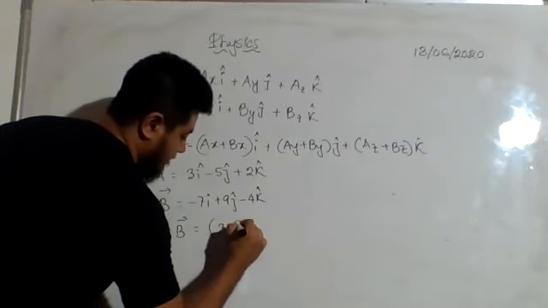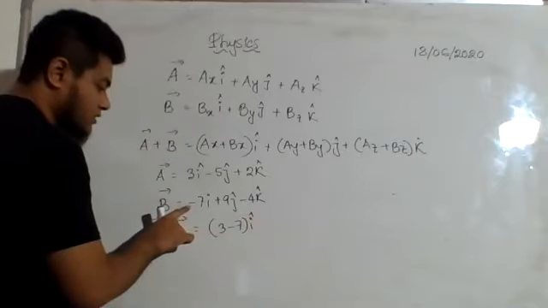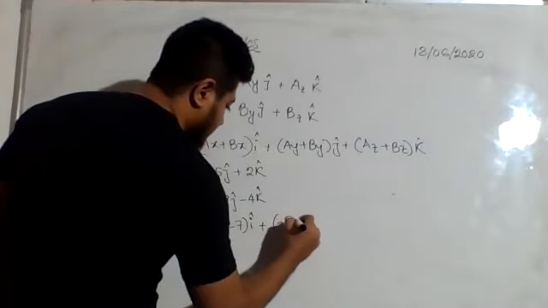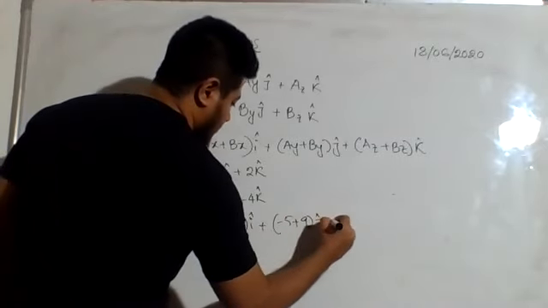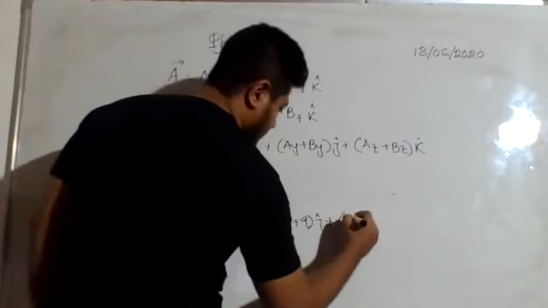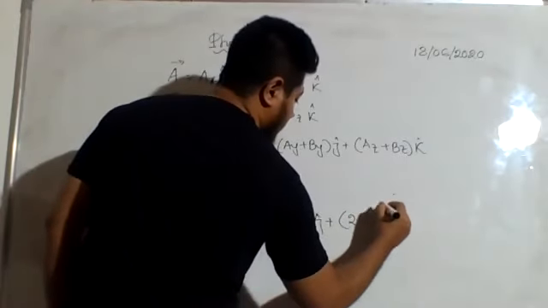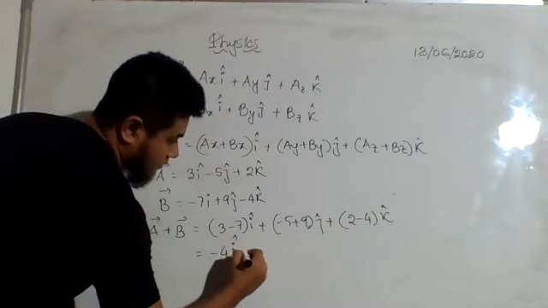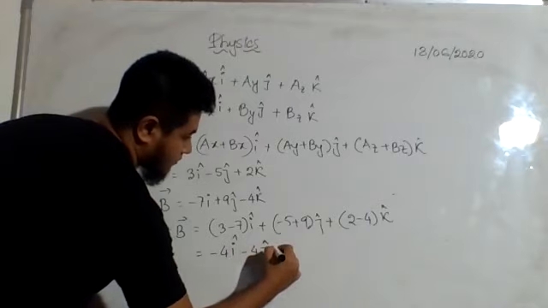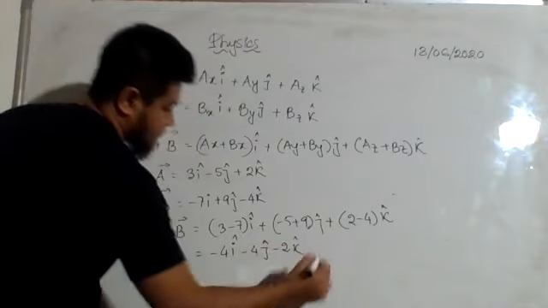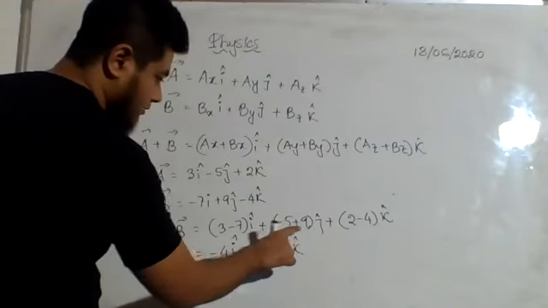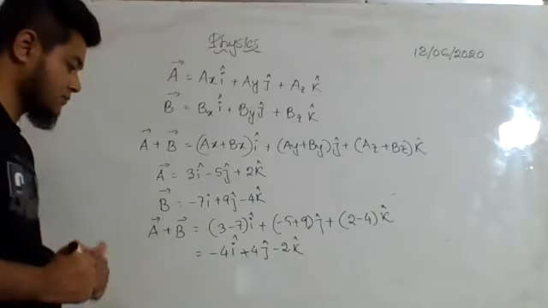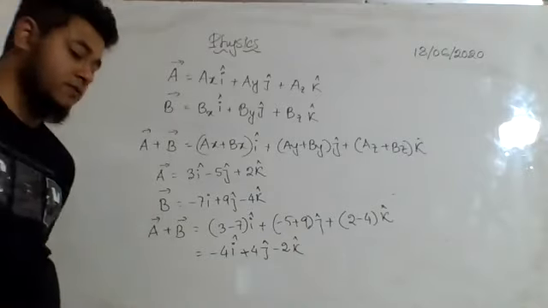So 3 minus 7, you must take into consideration the sign also, into i, plus minus 5 plus 9 into j, plus 2 minus 4 into k. So it will be minus 4i, plus 4j, minus 2k. So this will be the addition of the vectors.